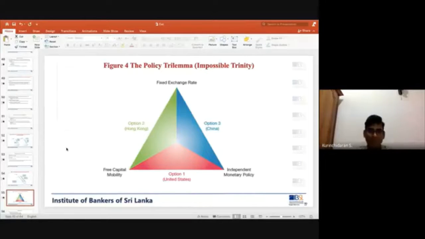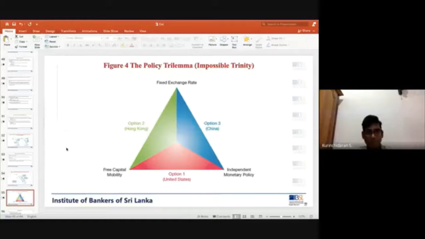Clear? So like that. Now if you are going for a fixed exchange rate, then you have to control your capital flow. You cannot have free capital mobility. We have to put some control on capital mobility and say you can't take your investment back.